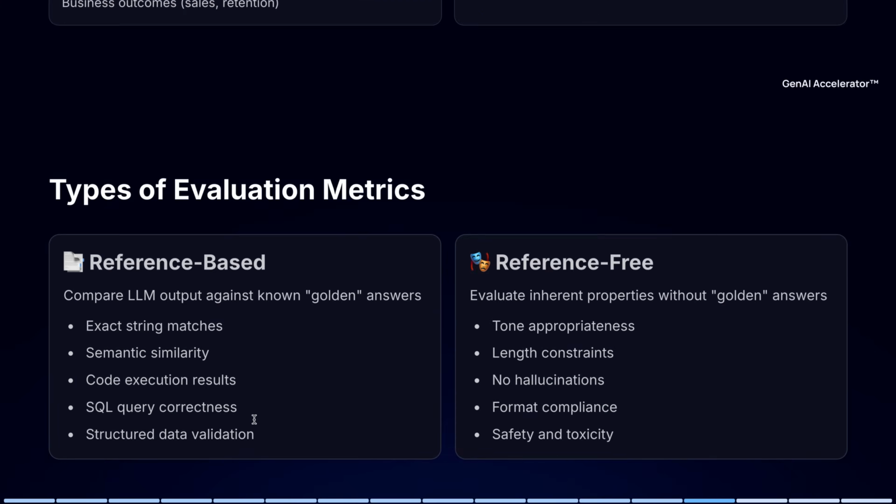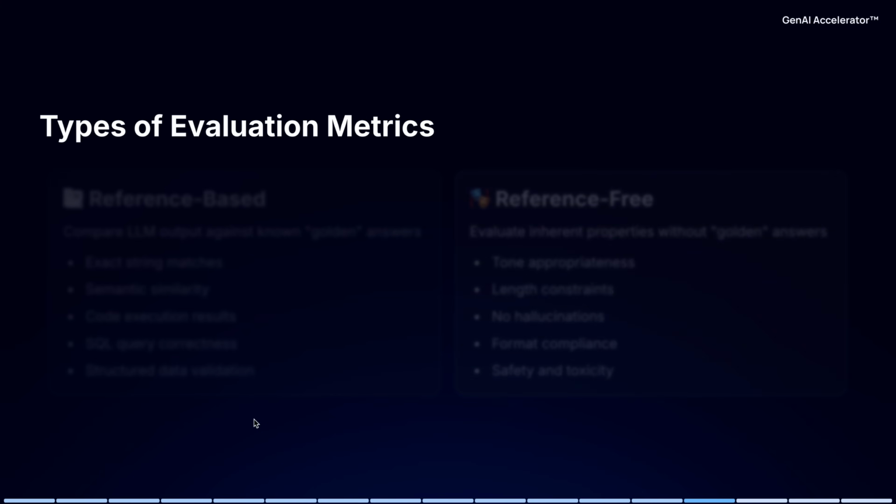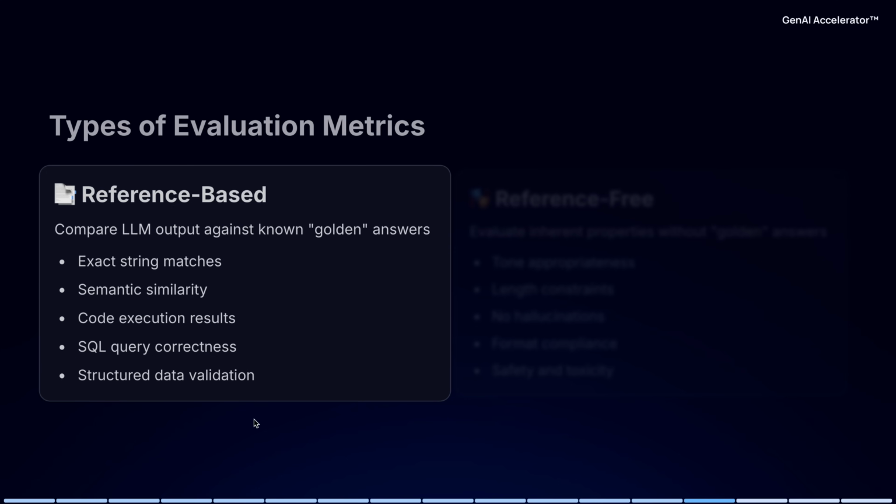But when you want to go a little bit deeper, there are first and foremost 2 important major categories to consider. The first are reference-based metrics. This is where you essentially know the golden answer. You know what good looks like and what the output should be, so you can simply compare it against that.